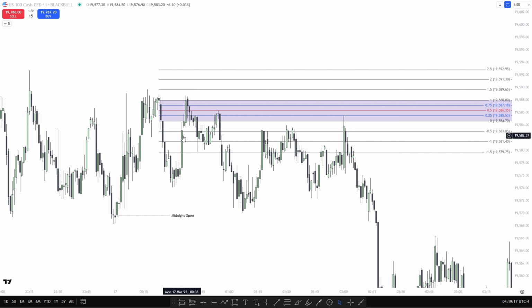So you can see here how price will deliver first within that range. See, from the top of the displacement to the low of the range, then back to the midpoint of the displacement. Then it's going to break out of this range. It's going down to midnight open, then goes back to the range.